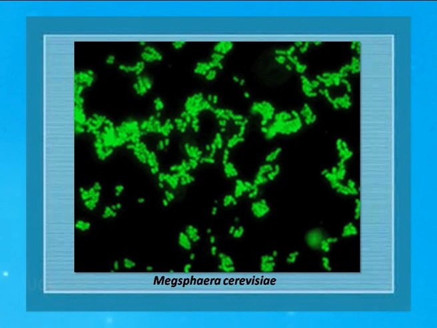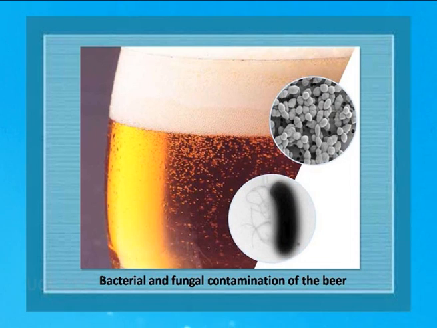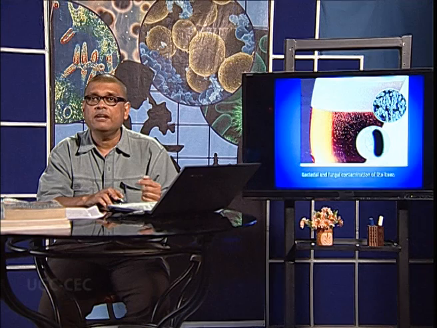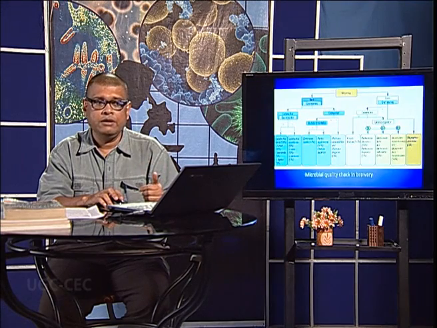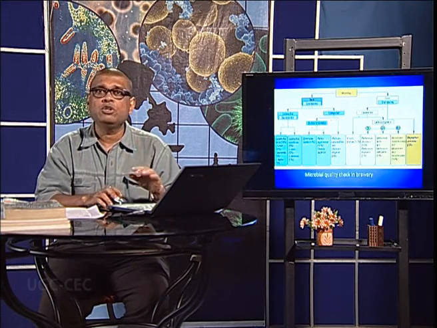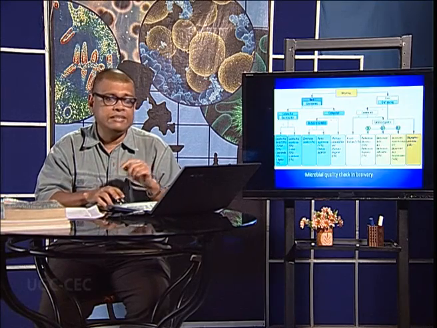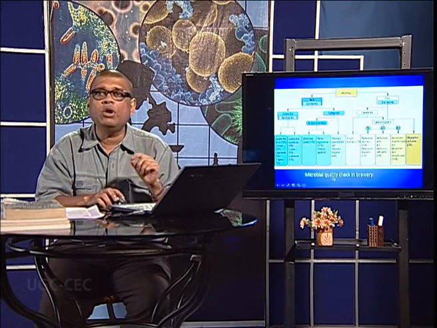And they apparently will be there in the bottle because they can tolerate the glycerol stress or low pH, and they will be present in beer, and if we consume this spurious beer, there will be loose motion or stomach upset. Of course, this can be prevented through proper processing, which includes the microbial quality check.